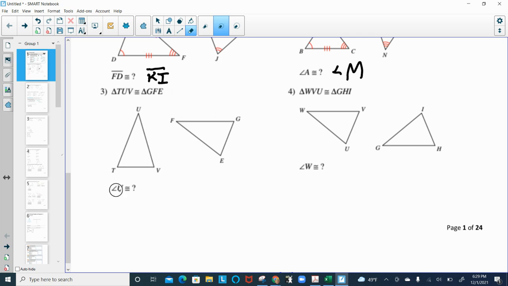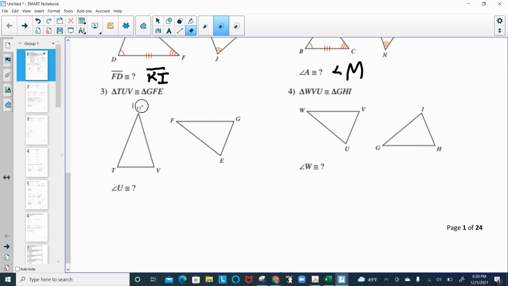If we want to know angle U's congruent partner, first we have to find angle U and say, okay, I see that angle U is the second letter in this congruent statement on the left-hand side. So for this triangle, U is the second or the middle letter.